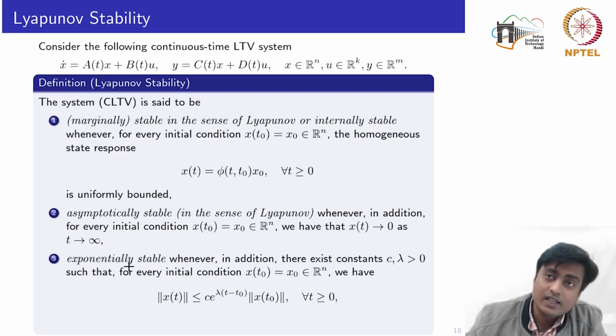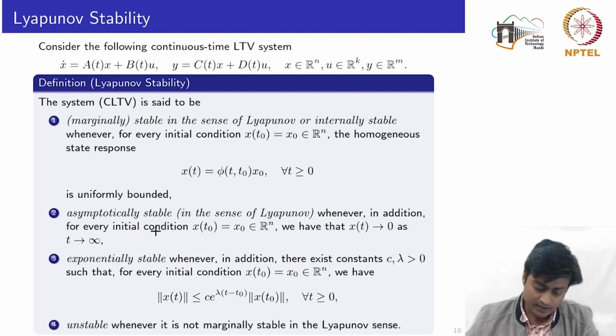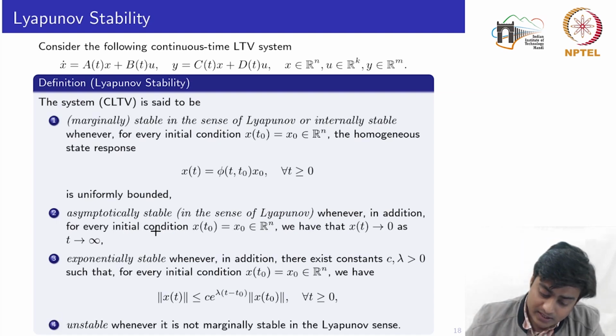This exponential stability we have not seen in the definition earlier, but for linear systems we know already that the response is basically an exponential response, irrespective of whether you are in the time invariant case or the time varying case. This is the reason we have included exponential stability, since the response is kind of an exponential behavior. Again, unstable when it is not marginally stable in the Lyapunov sense.